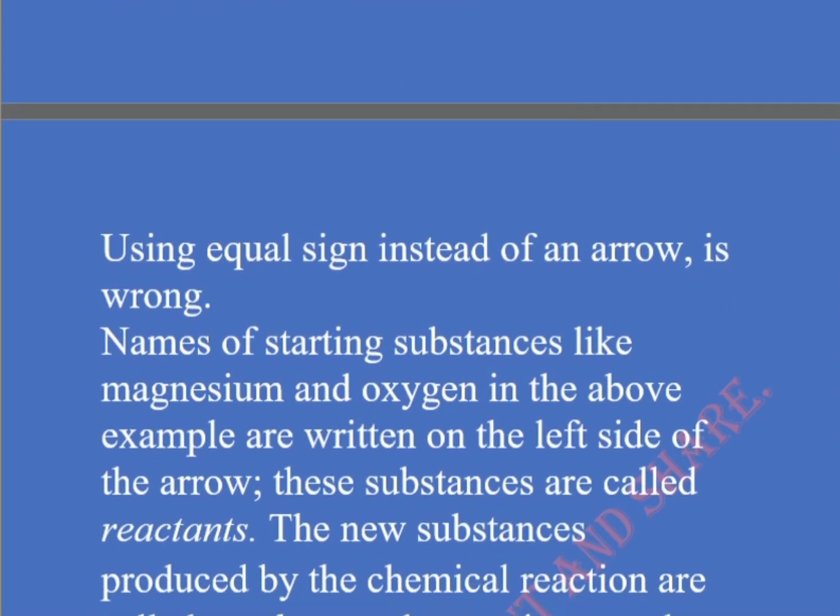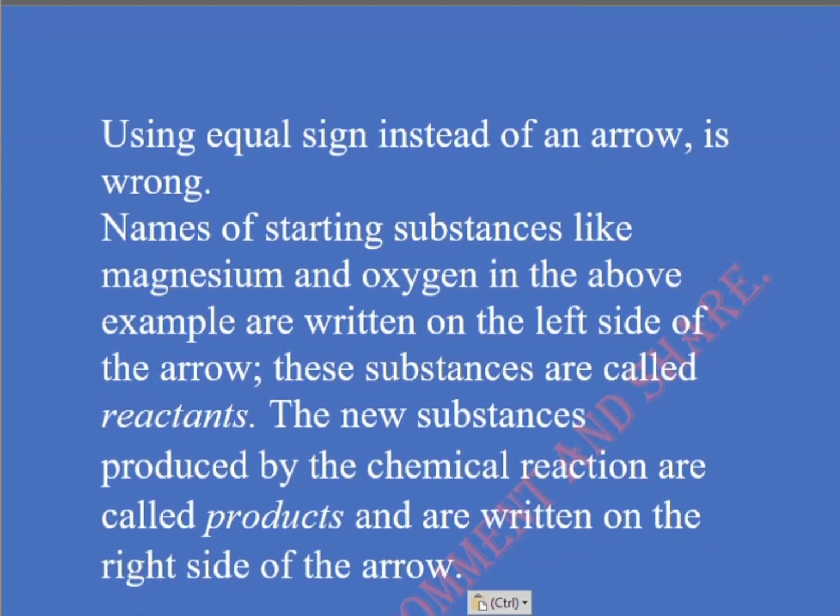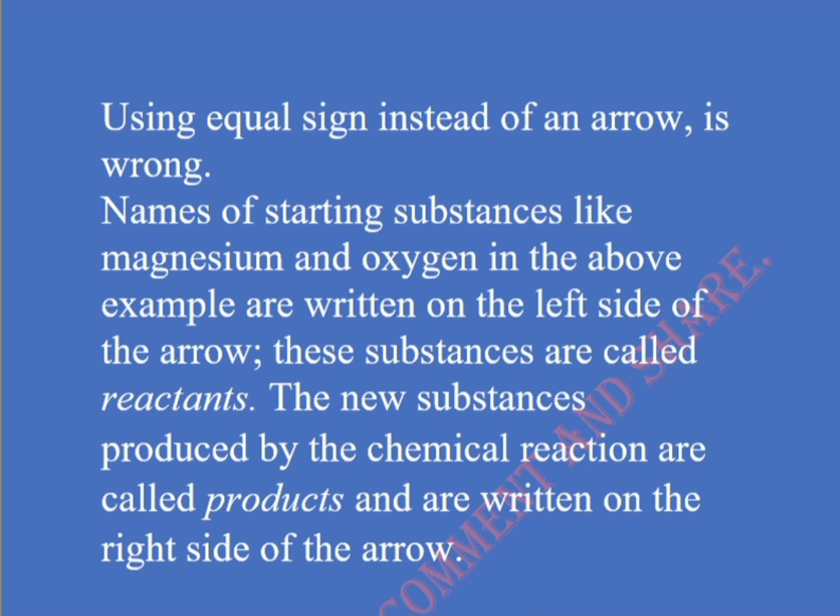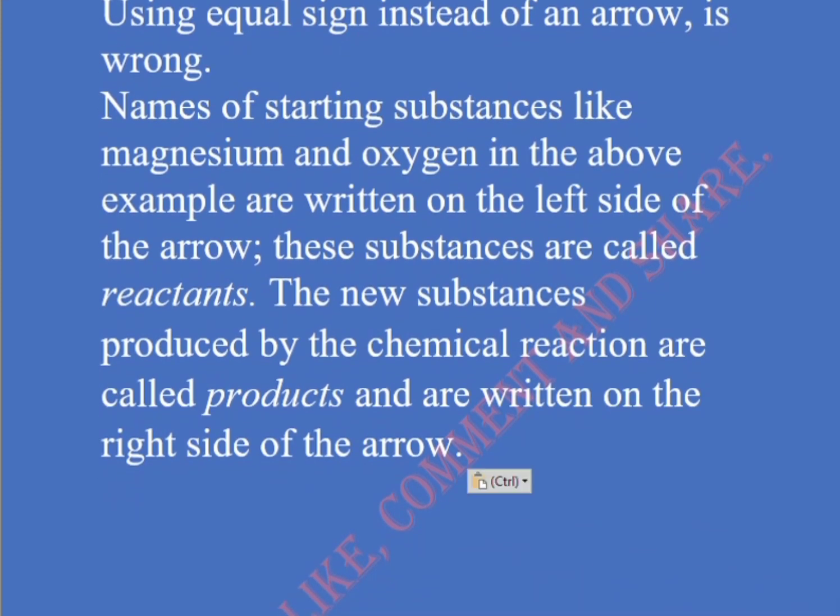Now we are saying that the addition sign or the positive sign here is not used to mean addition, but in chemistry it is used to mean reacts with. In other subjects you can use it as an addition. The arrow sign is used to indicate the formation of a product.